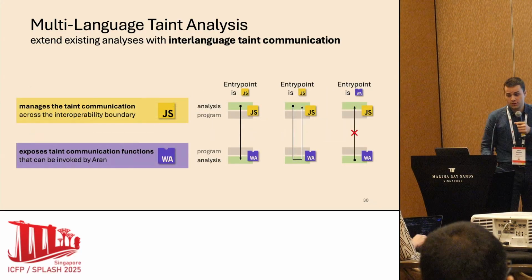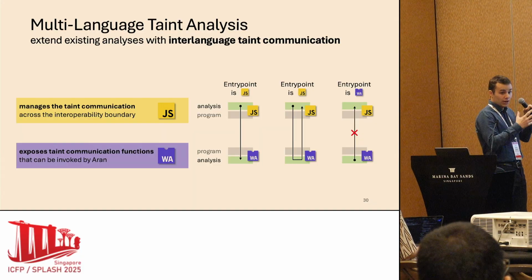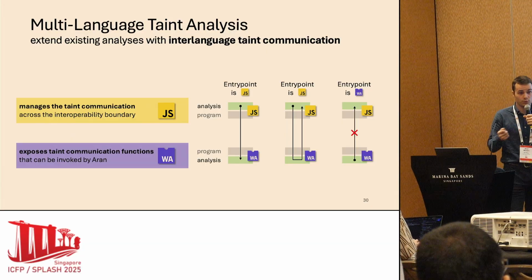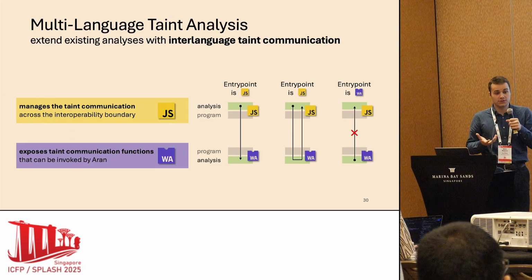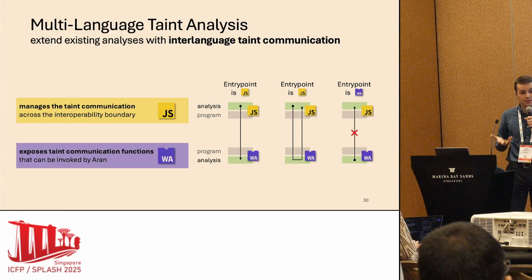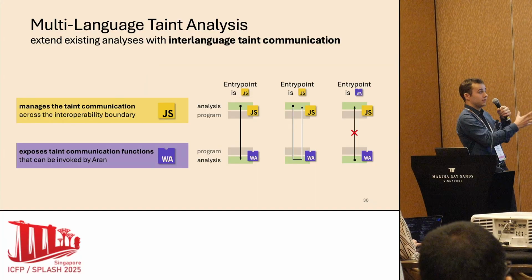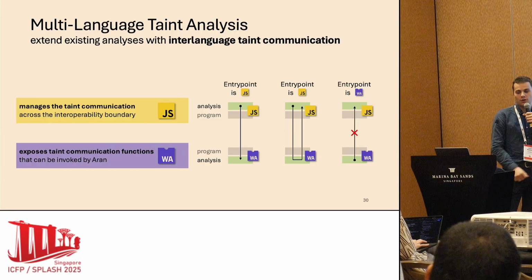For our implementation, we ensure that the JavaScript analysis side manages taint communication across the interoperability boundaries, and that the WebAssembly side only provides its API to read from the taint. This architecture is essential because we consider JavaScript always to be the entry point of a taint analysis.